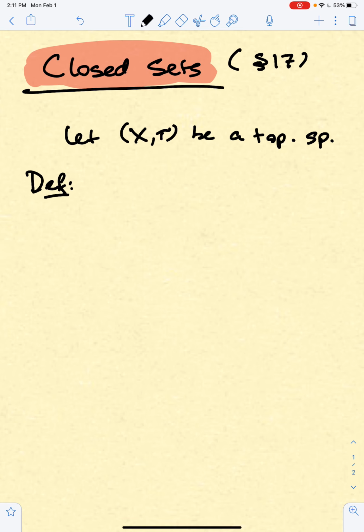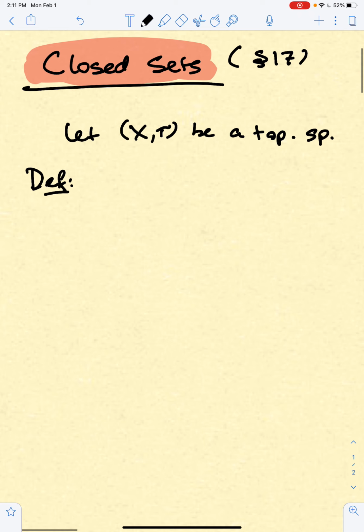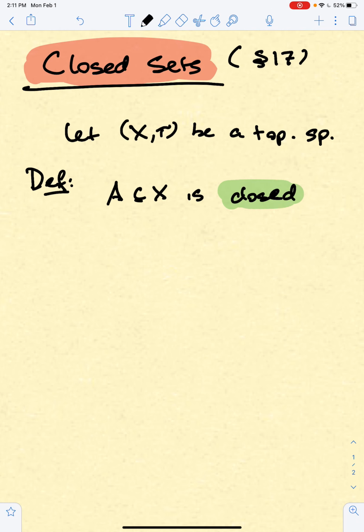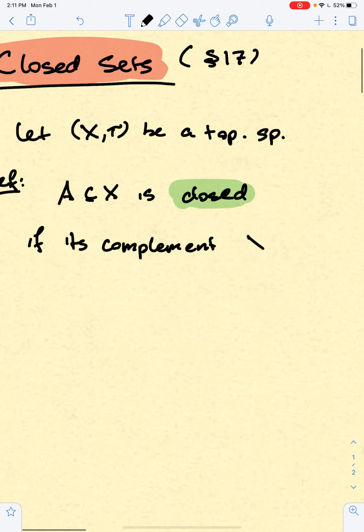Definition: a subset A is closed if its complement, that is the set X minus A, is open.